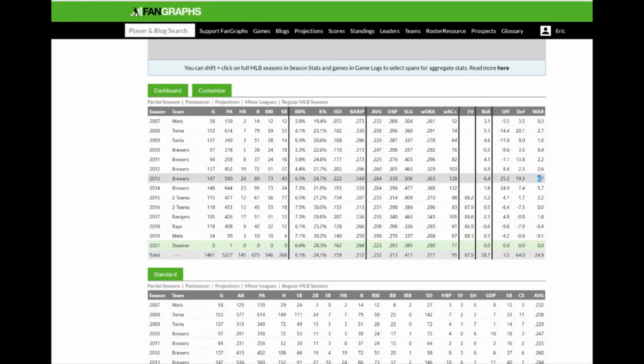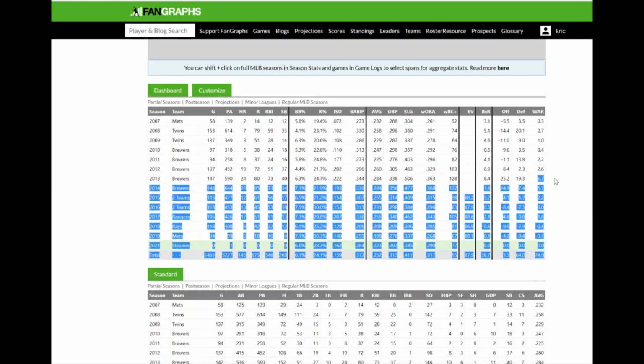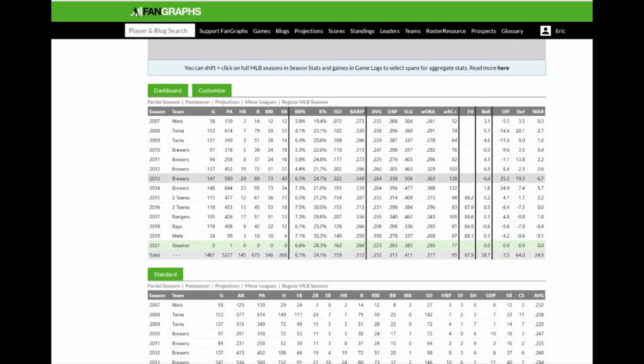It does not describe his totality sufficiently enough to go, well, he's a 70. He produced in this year at peak like a 70. I want to take a broader look and a broader approach. And this is what a mess this is to try to add up just because of how up and down this guy's career has been. But yeah, what even the hell would I say he is?